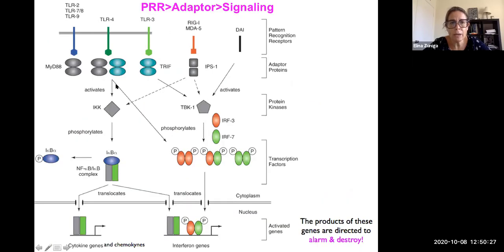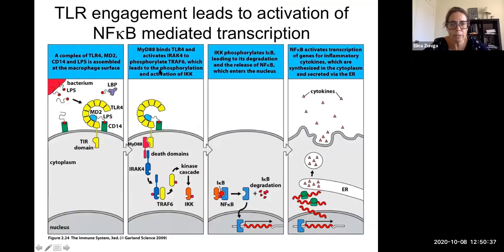Some of the toll-like receptors can also use, as we will see in the next few slides, another adapter that is called TRIF. I will review that in the next couple of slides.